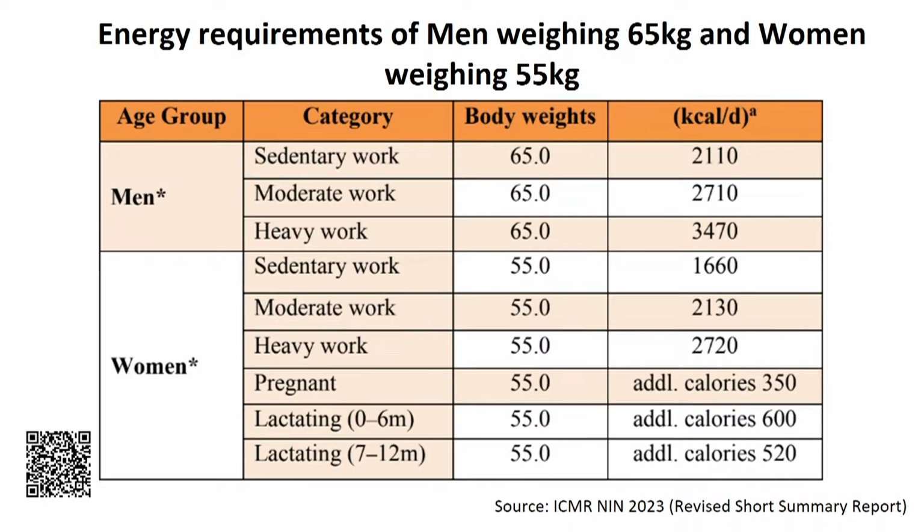Similarly, you will find in women sedentary work, moderate, heavy, during pregnancy, during lactation in 0 to 6 months, and lactation in 7 to 12 months. So you see these additional calories. Why does it happen? Because you are taking care of your newborn, that's why. So this is how your energy requirements are being identified by the ICMR. If you look at children, in the same manner you will find the energy requirements for children.